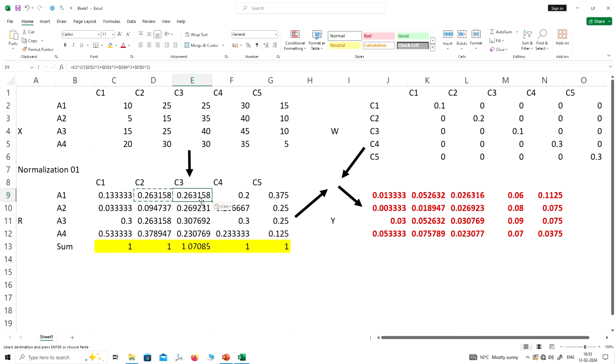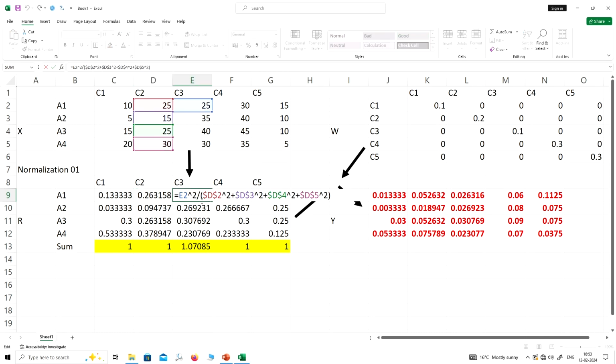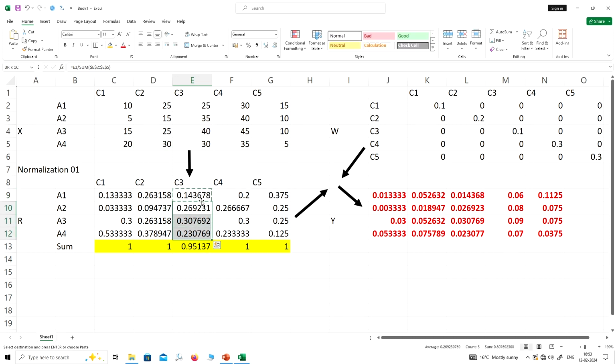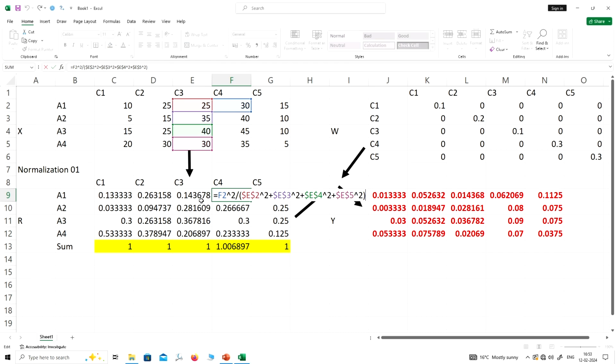Similarly, I use the column E, which corresponds to the C3 criteria. I copy it, just check the value will come out to be 1, normalized. Similarly, I take it for the F column, which corresponds to C4.